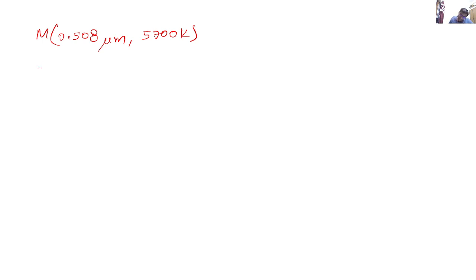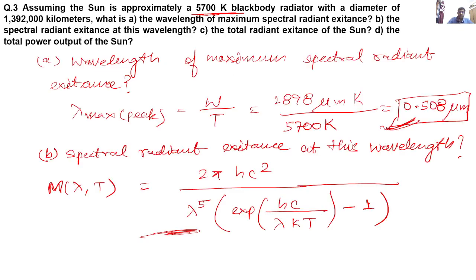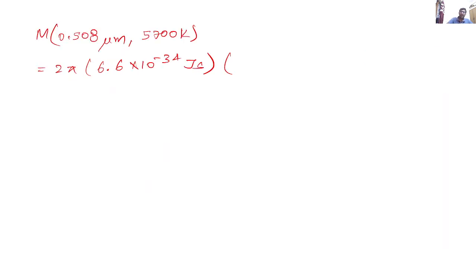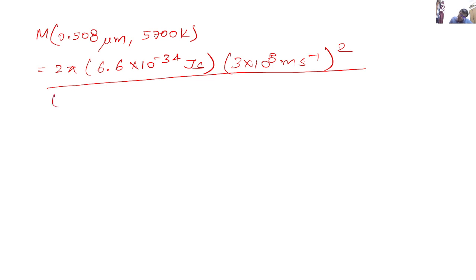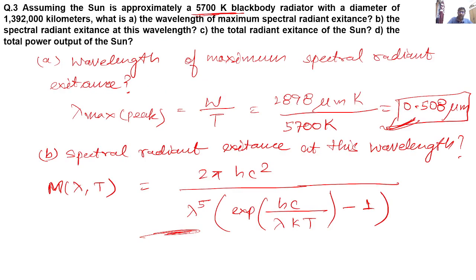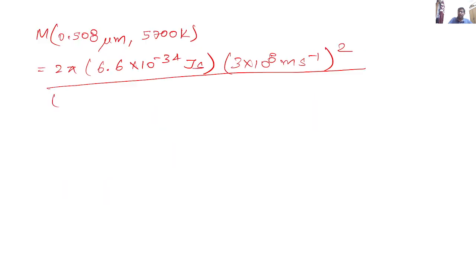So let's write 2 pi is a constant. Let's take it out for the time being. h is Planck's constant, 6.6 into 10 power minus 34 joule second, into c, which we know is the speed of light, 3 into 10 power 8 meter per second, and there was c square, so we have to square this term, by lambda, which we found out as 0.508 microns.